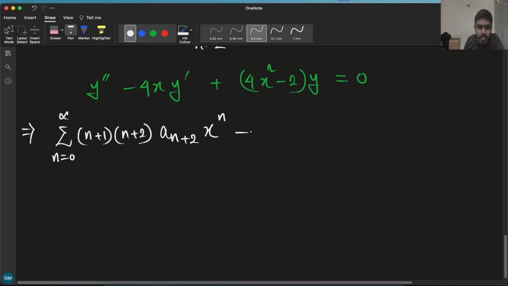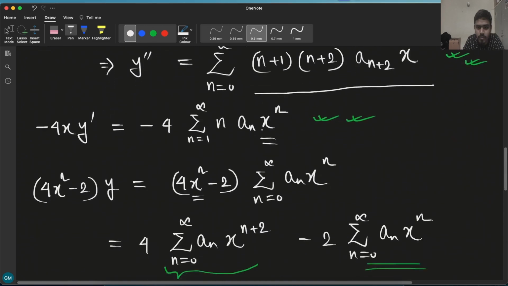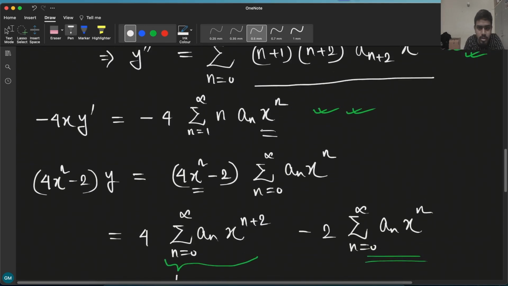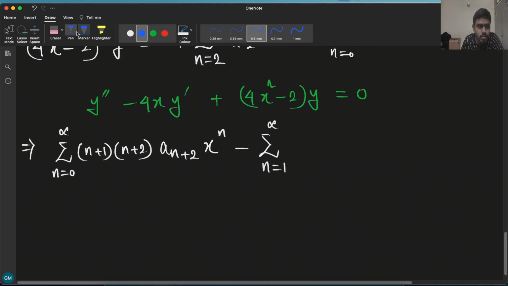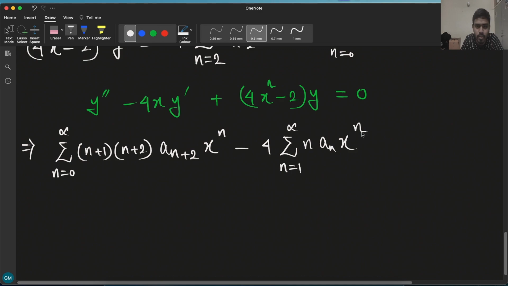So the second term is minus 4 sum n equals 1 to infinity n a_n x to the power n, okay.